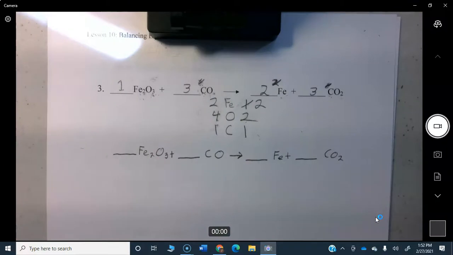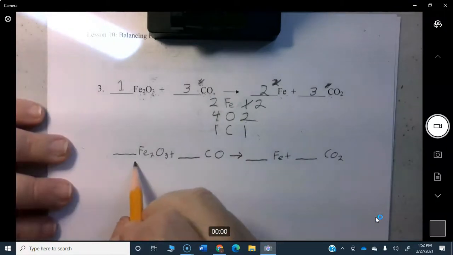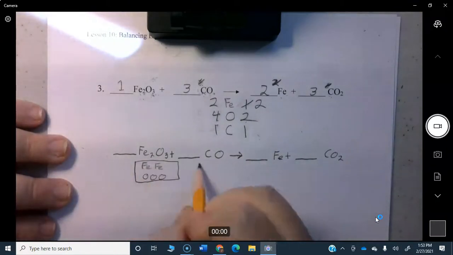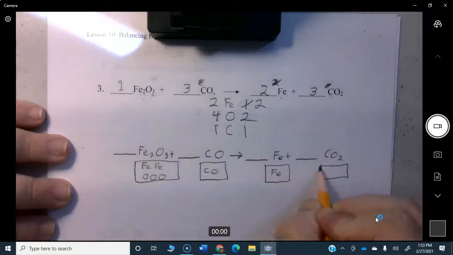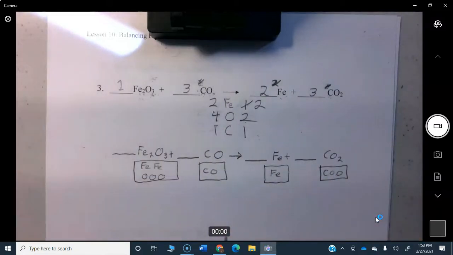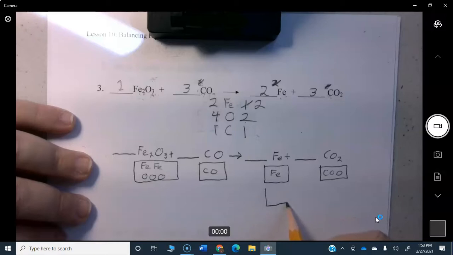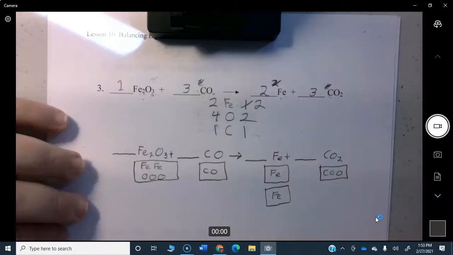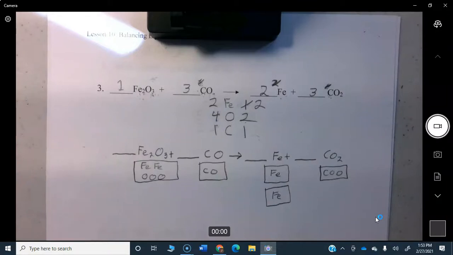Okay, all right, so let's see. So we're going to go ahead and draw a box here. Okay, so what are we going to balance? Let's go ahead and balance the Fe first. So Fe is in balance. Carbon's already in balance. Okay.